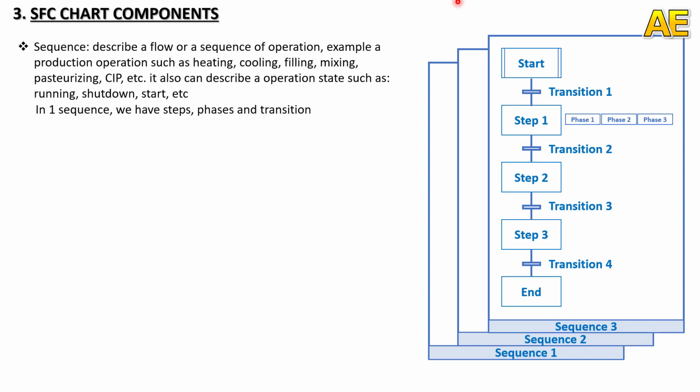Examples of a production operation are heating, cooling, filling, mixing or pasteurizing, or CIP, etc. It also describes operation states such as running, shutdown, start, etc. In one sequence, we have steps, phases, and transitions.